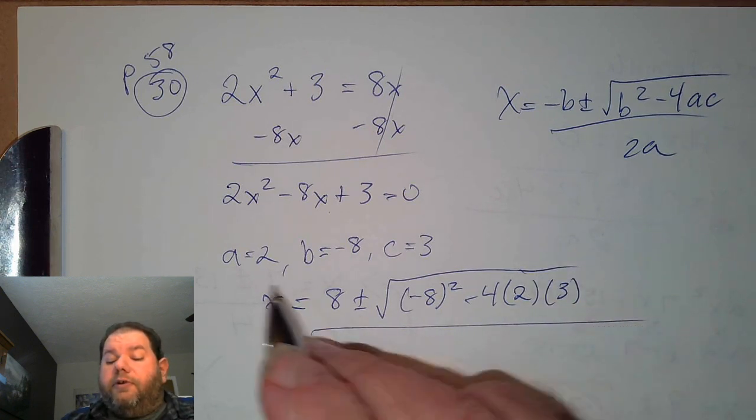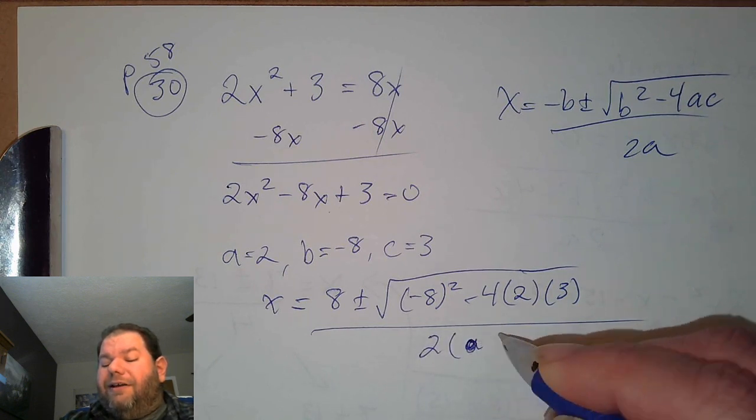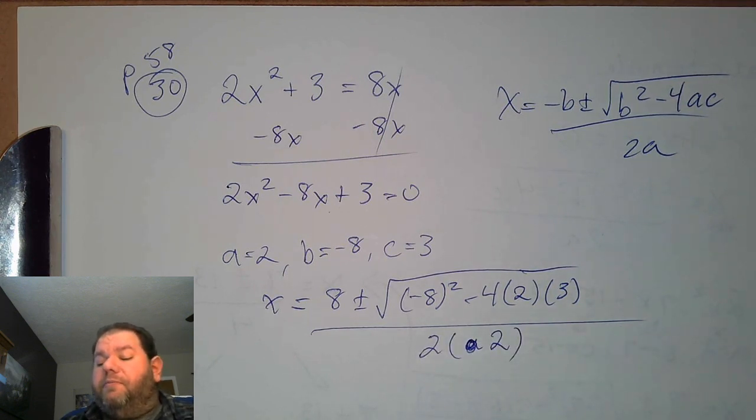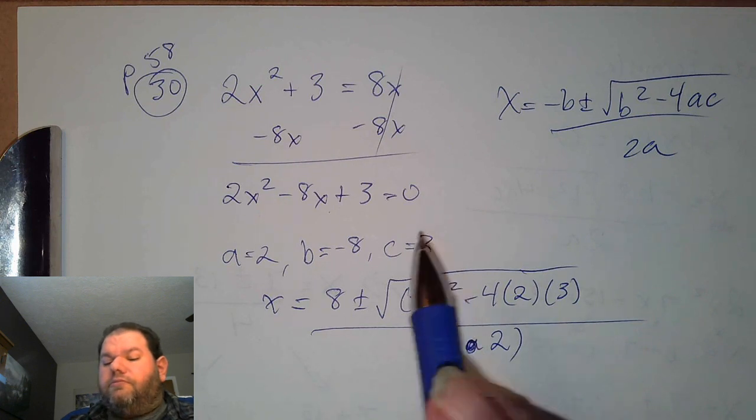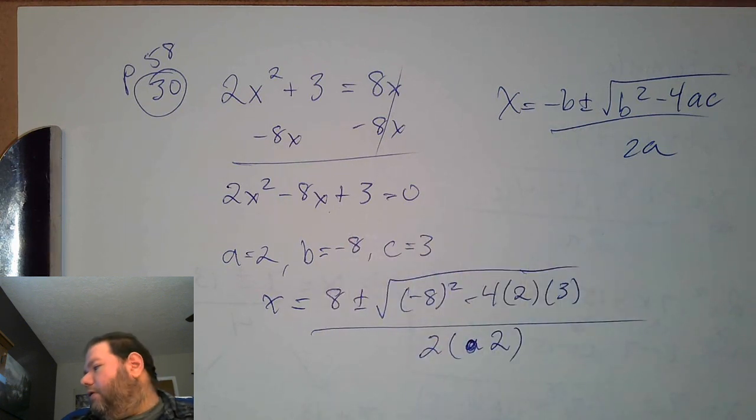And on the bottom, 2 times a is 2 in this case. So we got the numbers subbed in properly. Again, it's a matter of simplifying from here.